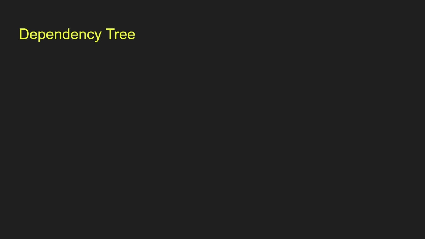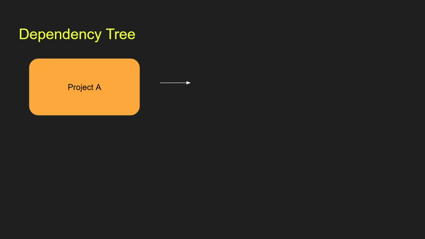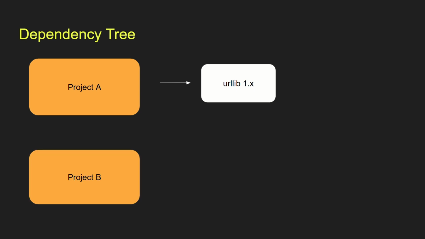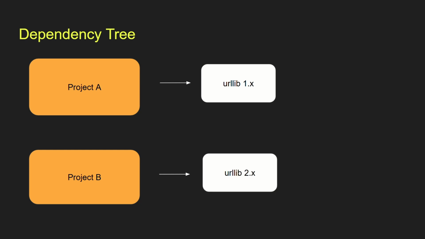Now, here is where versions become very important. Let us say your project needs requests version 2.28. Requests internally needs urllib3 version 1.something, and another project needs urllib3 version 2.something.